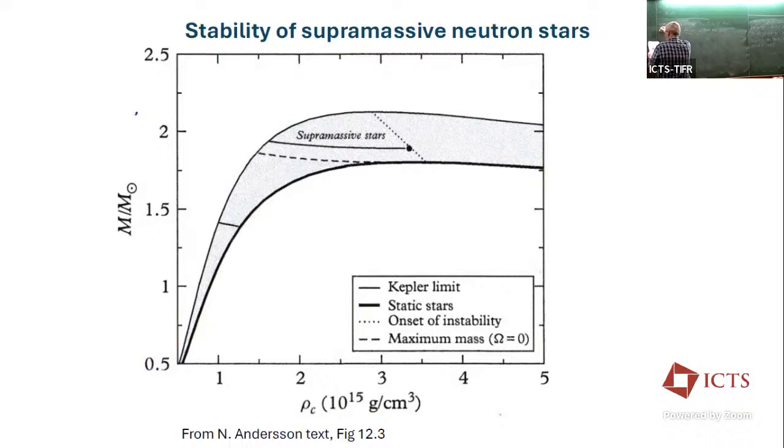Okay, now after the collapse, we don't expect even a very fast spinning star to remain fast spinning. Generally speaking, we expect a rapid spin down due to magnetic dipole emission at a minimum, and ideally, supplemented by gravitational wave emission if there's enough asymmetry in that star at its beginning.